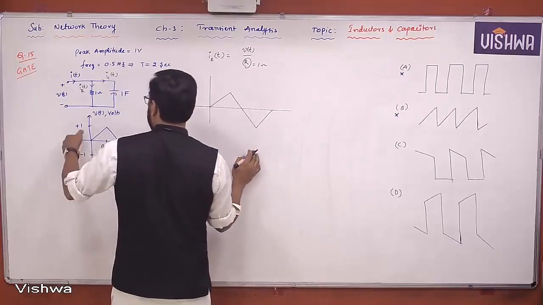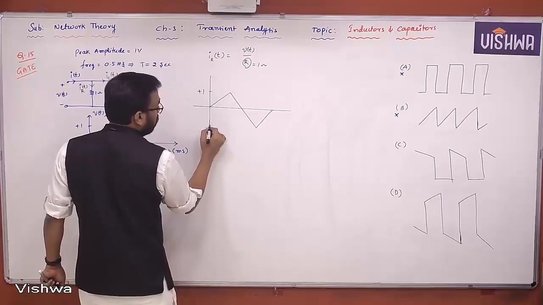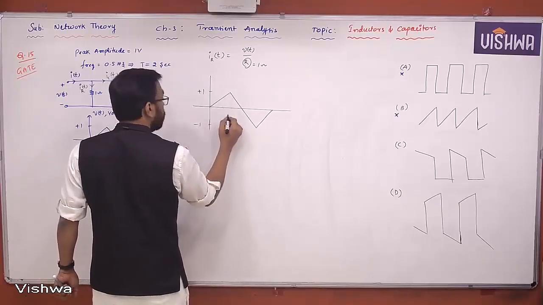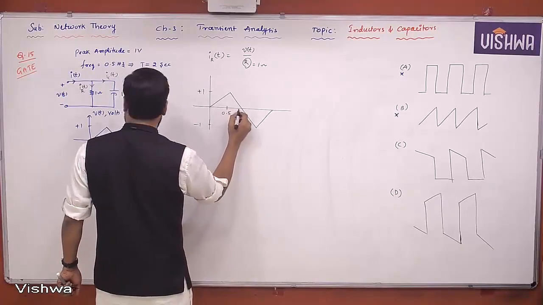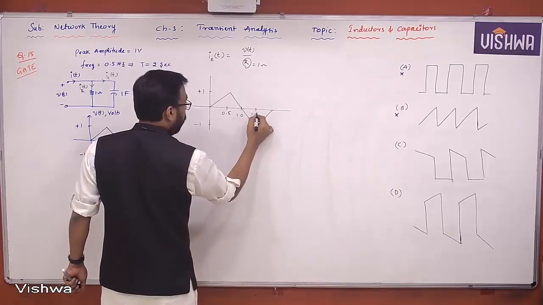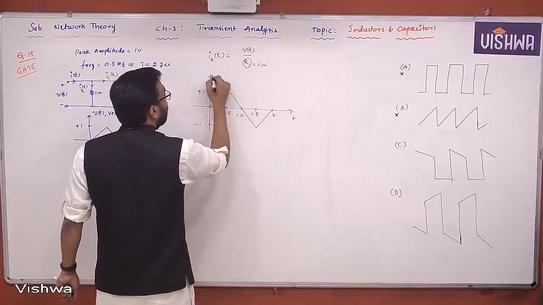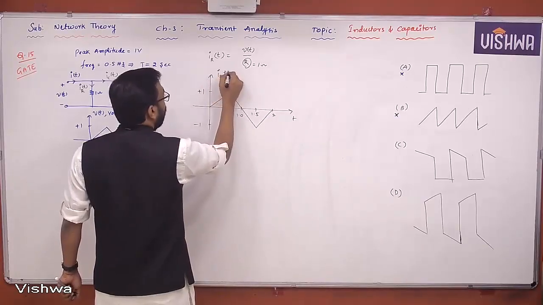Plus 1, and this is minus 1. This is 0.5, this is 1.0, this is 1.5, this is 2. This is t, and this is IR of t now. Understand, all of you?